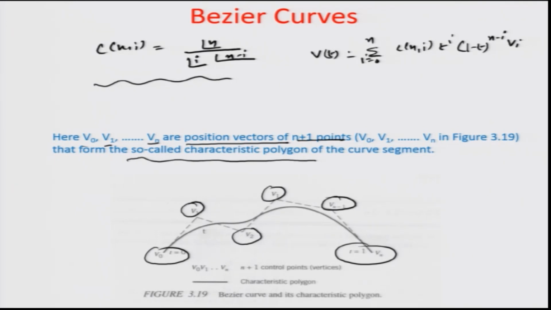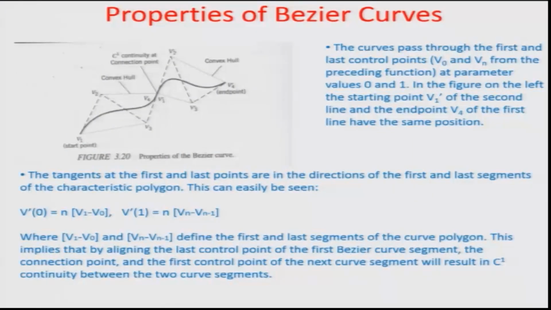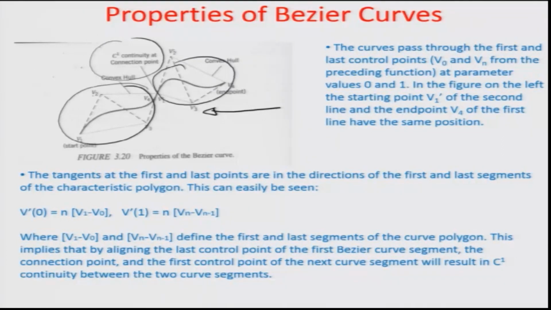So, for example, the figure on the left here shows C1 continuity with different radii of curvature on both sides and a common tangent, one at the beginning of the next segment, this is the next segment, and this is the earlier segment, and one at the end of the last or preceding segment.